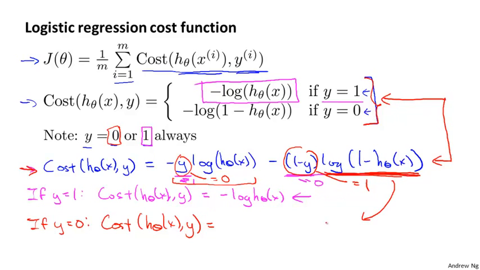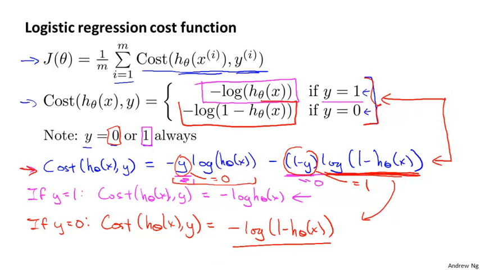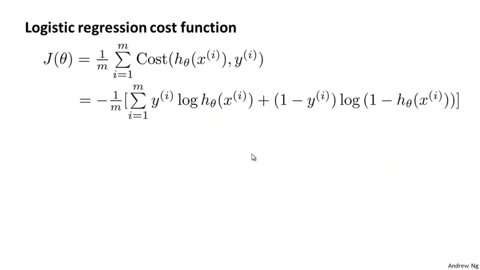We're just left with minus log 1 minus h of x. And you can verify that this is exactly what we had for when y is equal to 0. So this shows that this definition for the cost is just a more compact way of taking both of these expressions, the cases y equals 1 and y equals 0, and writing them in a more convenient form with just one line.